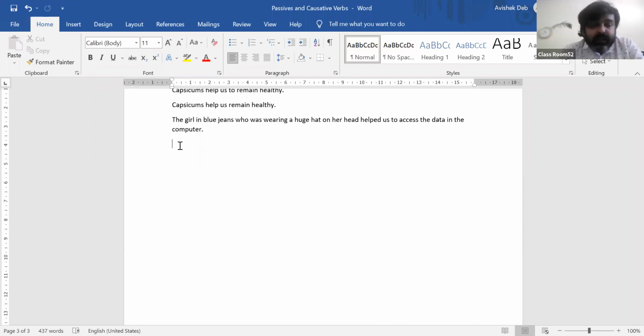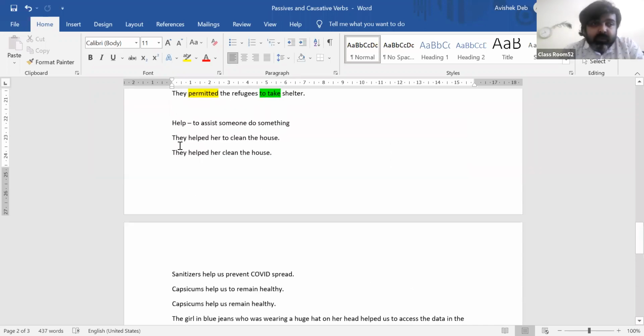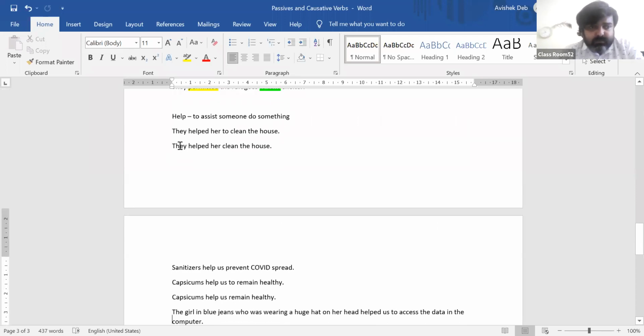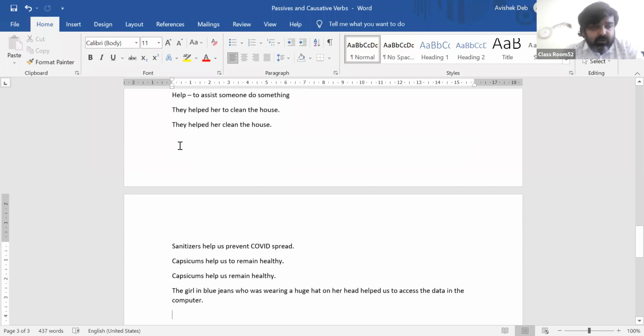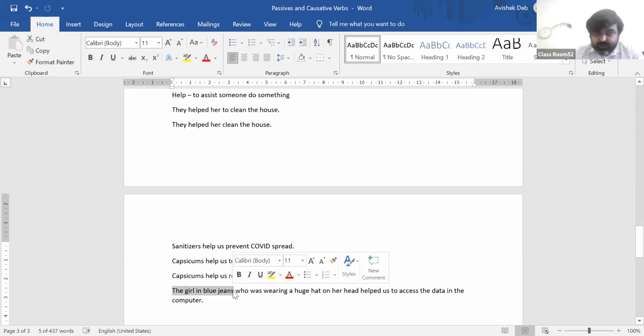So as I have gone through help as a causative verb, I have given you some examples. You can find some examples of your own, solve them. They can ask you which is the noun phrase. So noun phrase is this one: the girl in blue jeans.